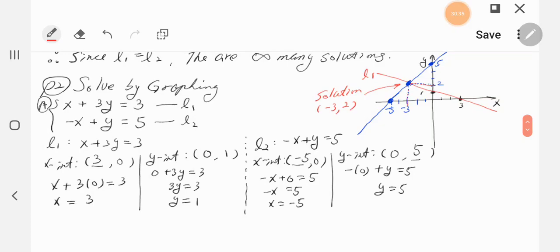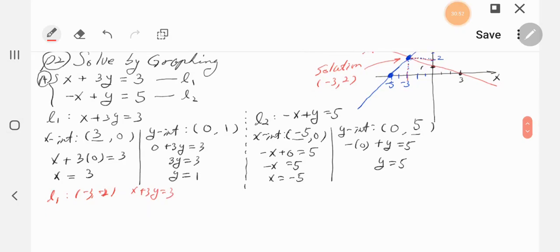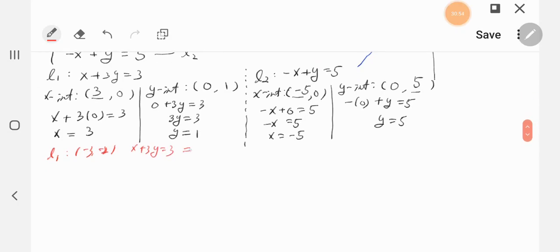All right, so let's check if this is correct from line 1. Plug in negative 3 and negative 2. Maybe this has to be true. Line 1 is x plus 3y is equal to 3, right?